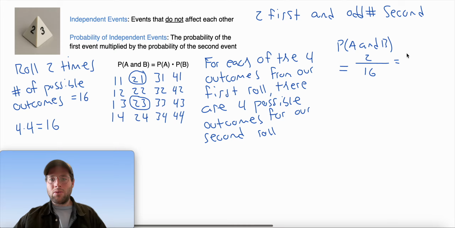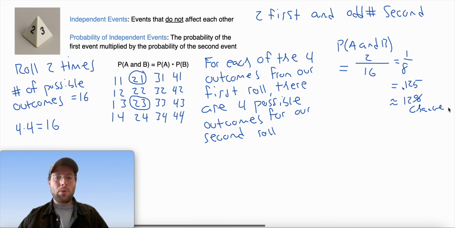That equals 1/8, which equals 0.125, which is approximately a 12% chance.